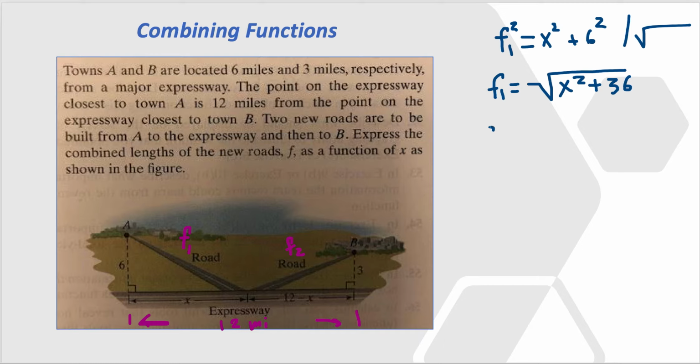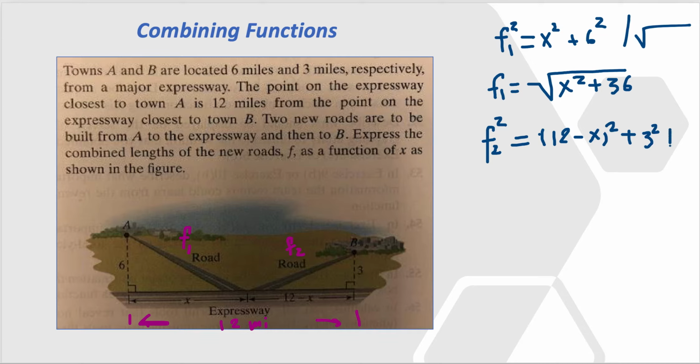And now f2 is the same, but it is written with 12 minus x, everything here in a square, and plus 3 squared. So the hypotenuse of the triangle here is equal to the square root of 12 minus x squared plus 3 squared.